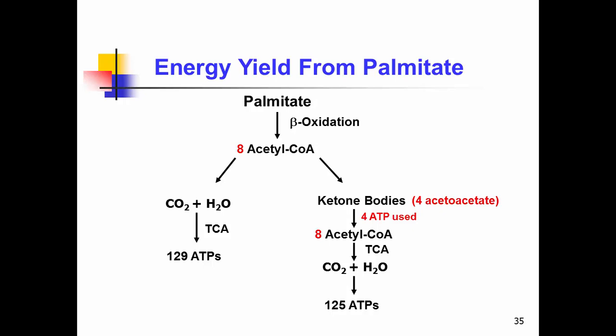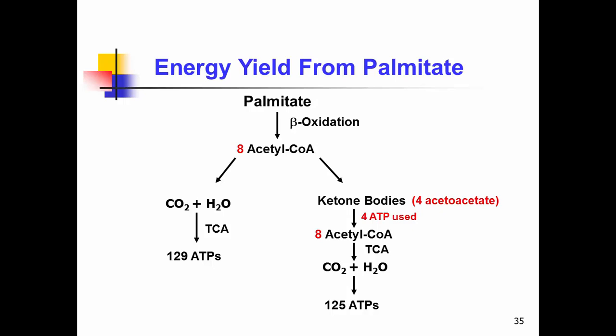Remember the key reaction in the utilization of ketone bodies by succinyl-CoA transferase. This reaction utilizes 1 ATP. So for ketone bodies utilized in the tissues, that also utilizes 4 ATPs.